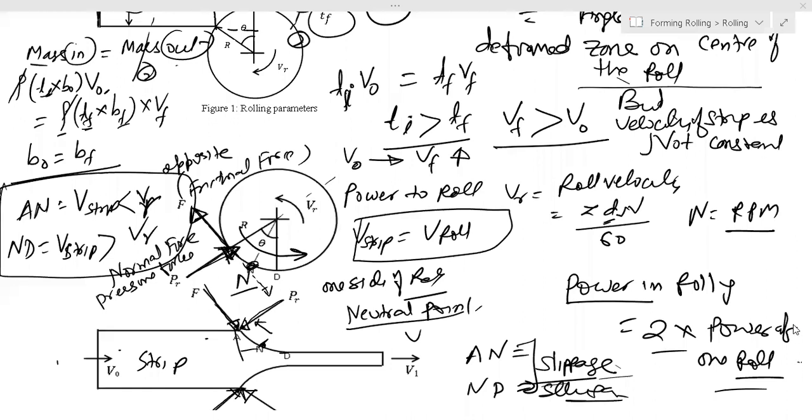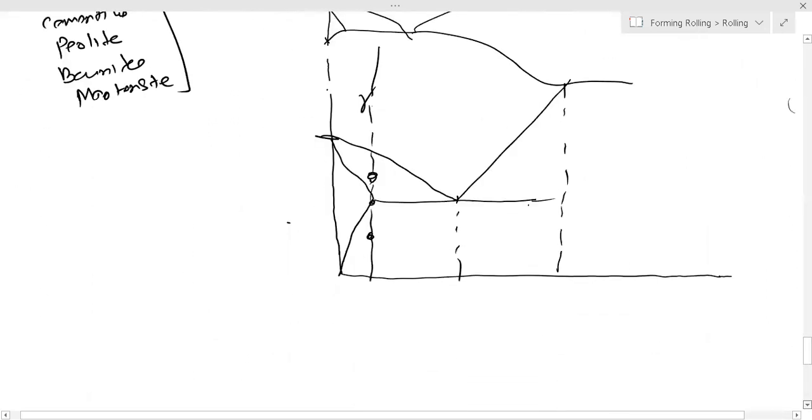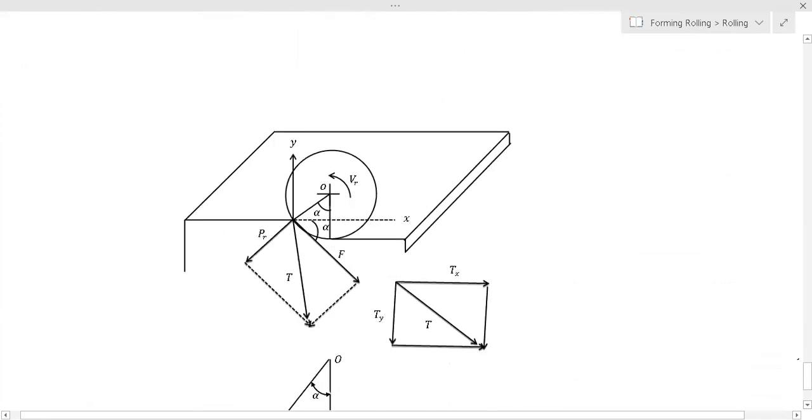Now coming to the point again. One is called forward slip and one is called backward slip.